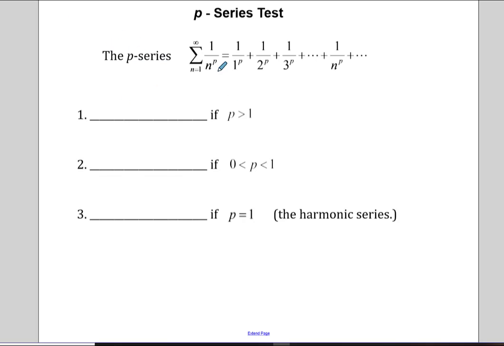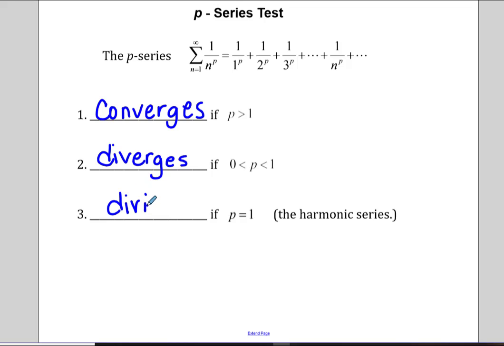The P series says that we will converge if p is greater than 1. If the power p is between 0 and 1, so if it is a fraction, our series will diverge. And if p is equal to 1, as in the harmonic series, it also will diverge.